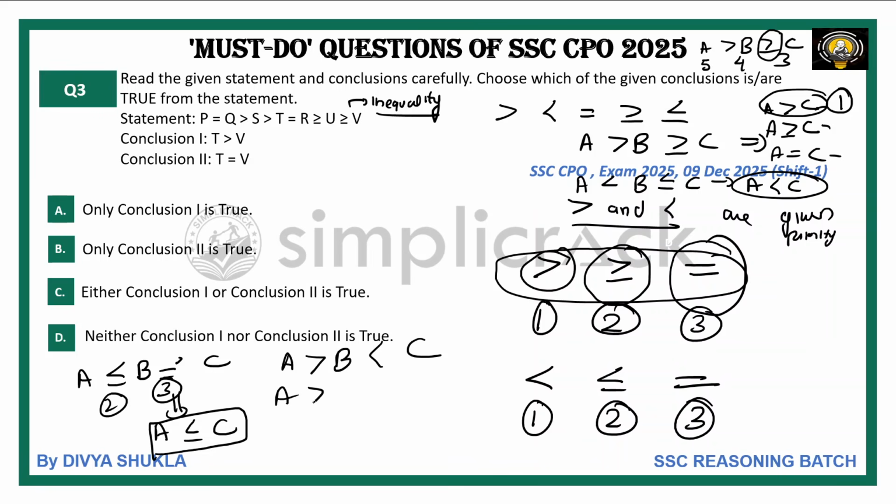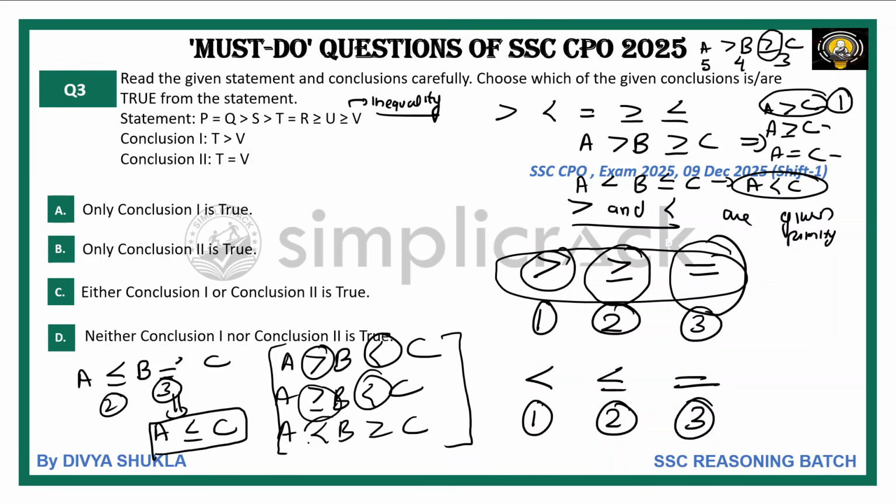Or a is greater than equals to b less than c, or a is less than b greater than equals to c? Understand, there are various case types of this, and it would take a lot of time to describe. But whenever you have opposite symbols, your answer can't be determined, so that conclusion would be incorrect.